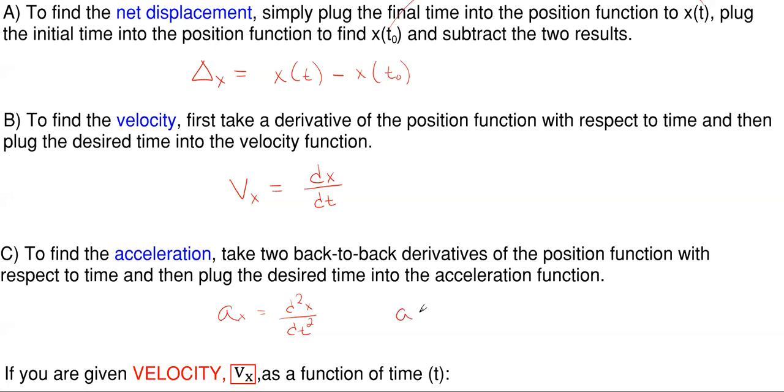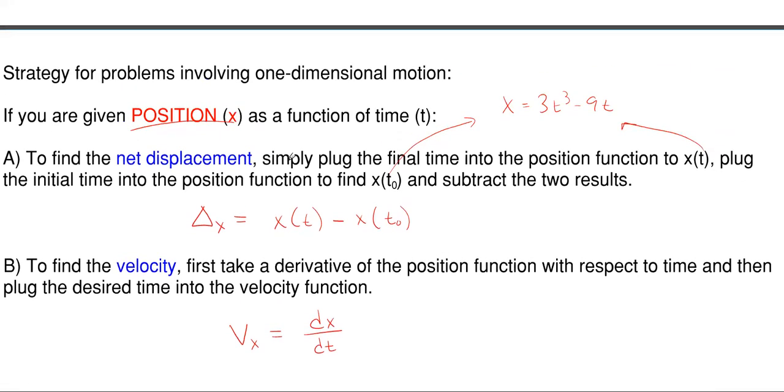Of course, you would get a equal to maybe 3t, for instance, and if you're told to find the acceleration at 3 seconds, you would plug in t equals 3, and whatever pops out would be your answer. Usually when you're given position, finding net displacement, velocity, and acceleration is not bad at all. It's one of the easiest ones.